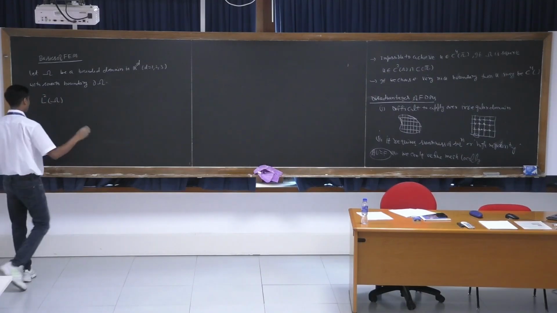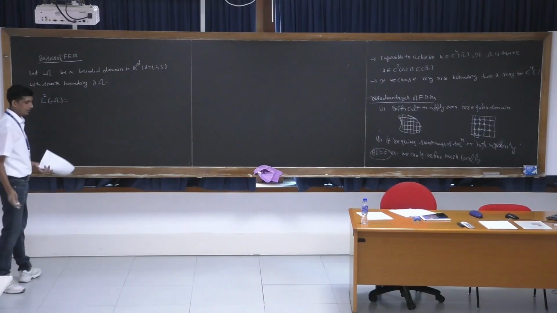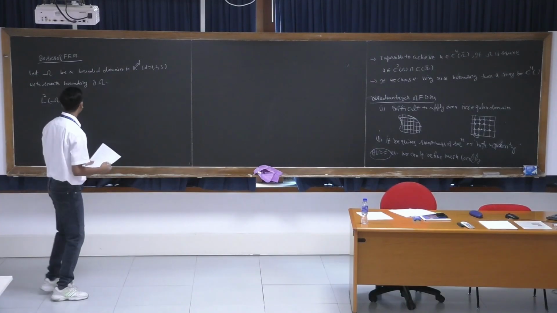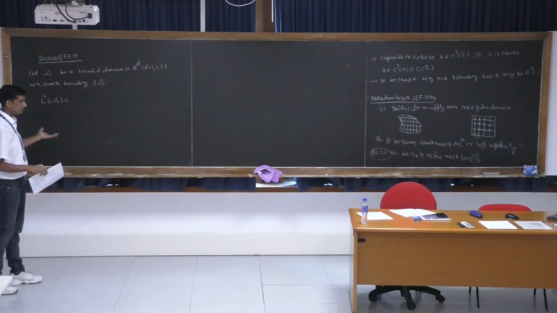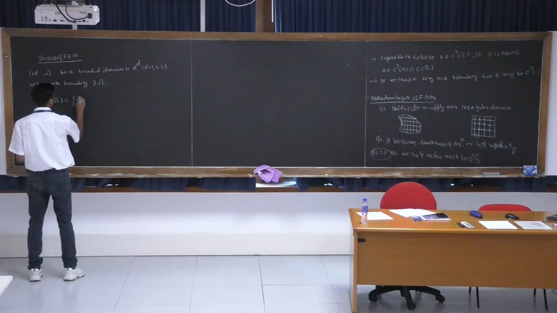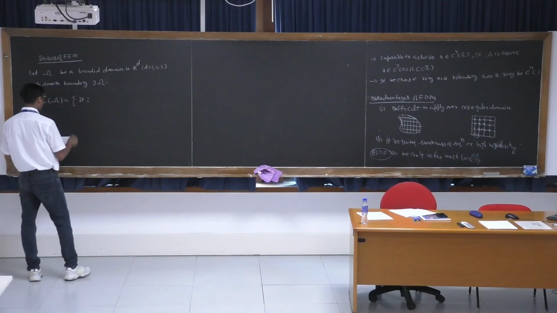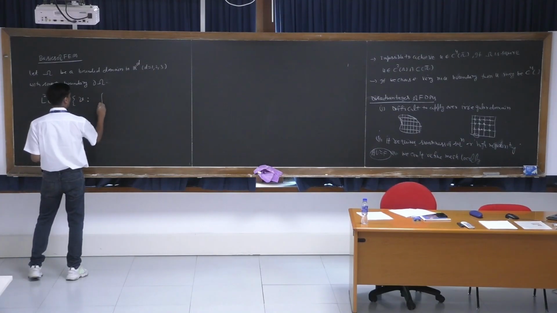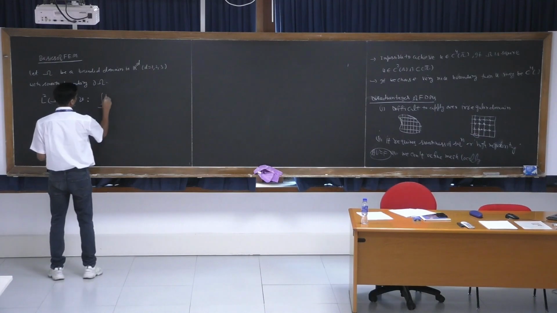What is L2 space? I think if you have done a master's in mathematics, you already know what L2 space, LP space, Hilbert space and Banach space are. So I am assuming here this contains the functions which are square integrable functions.